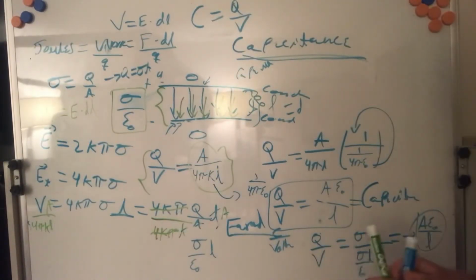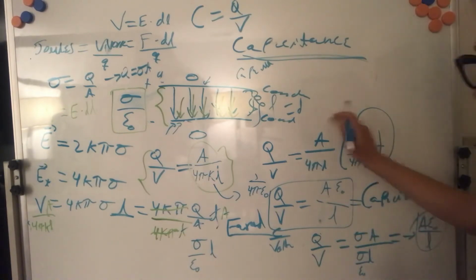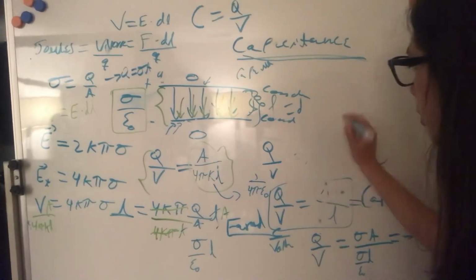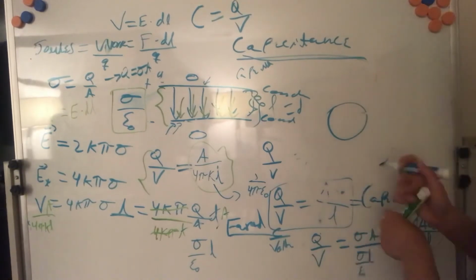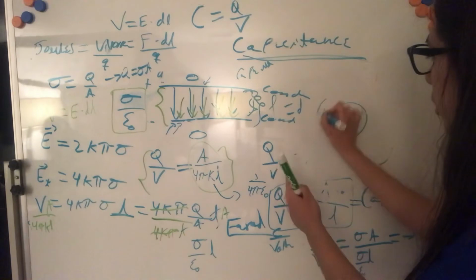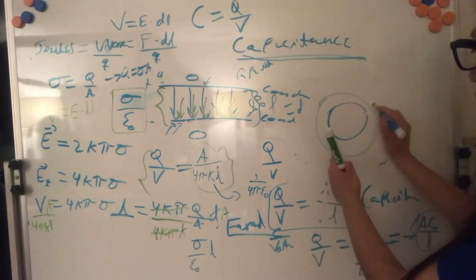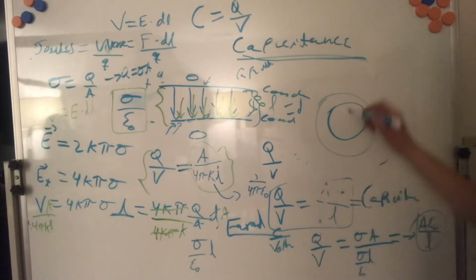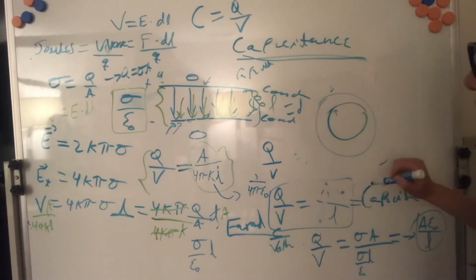For a sphere, we usually think of the capacitance of only a sphere, when we don't have a spherical condenser in which we could say this is one plate and this is the other.